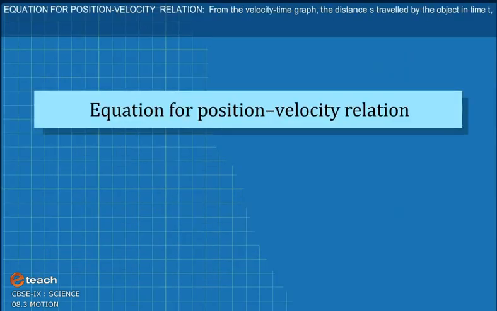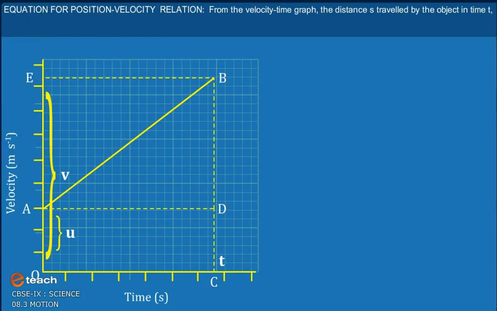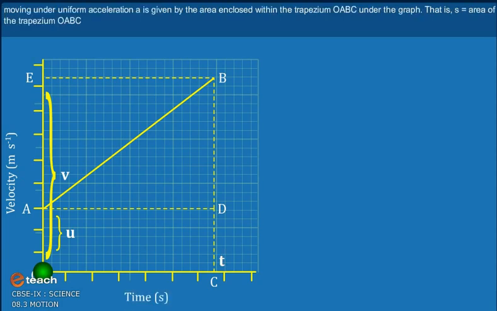Equation for position-velocity relation. From the velocity-time graph, the distance s traveled by the object in time t, moving under uniform acceleration a, is given by the area enclosed within the trapezium OABC under the graph.